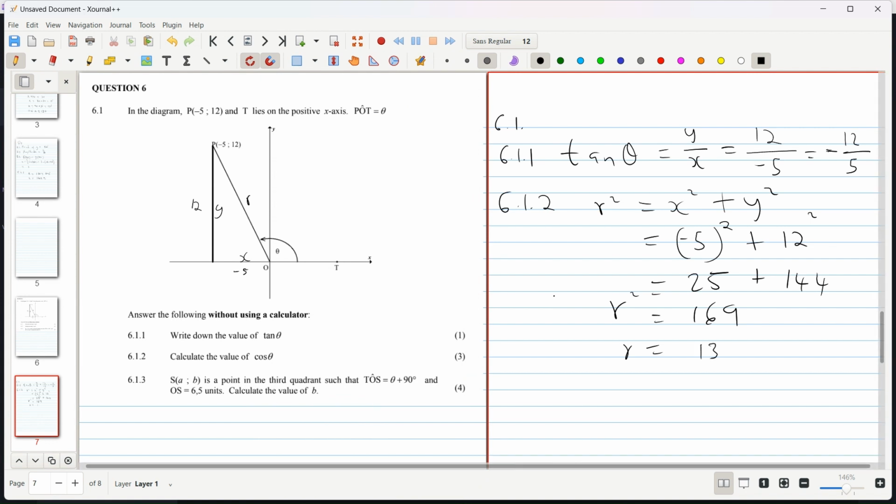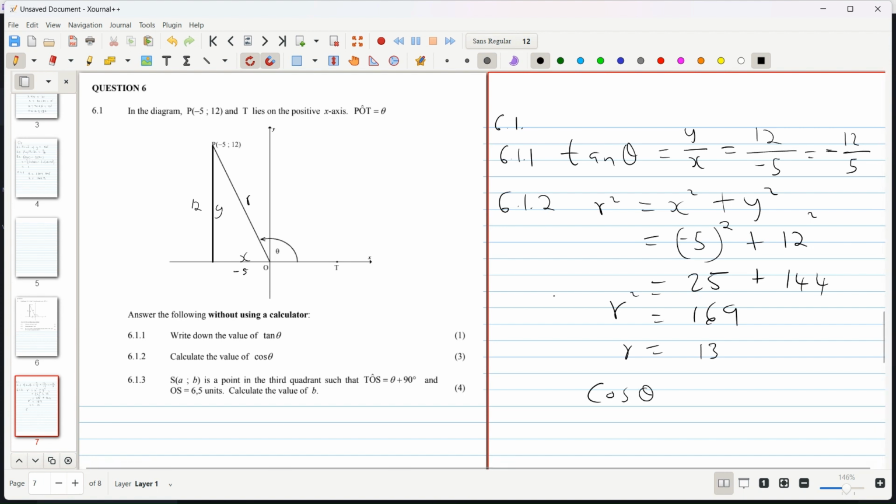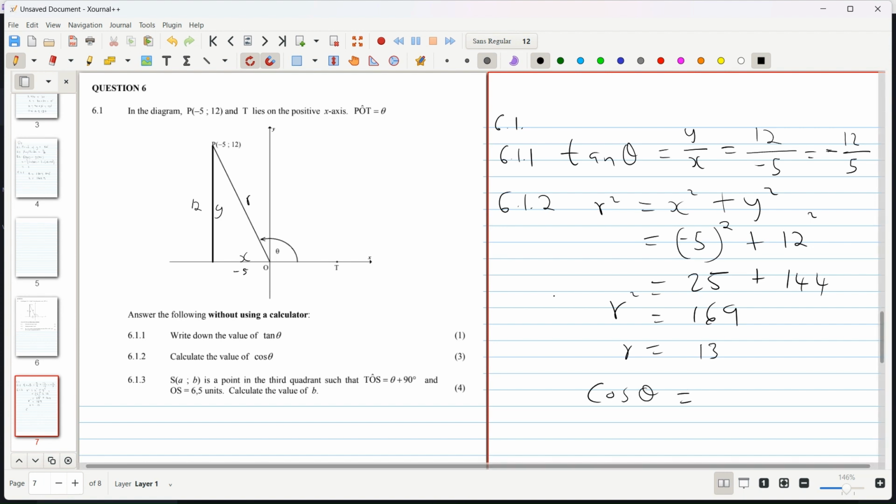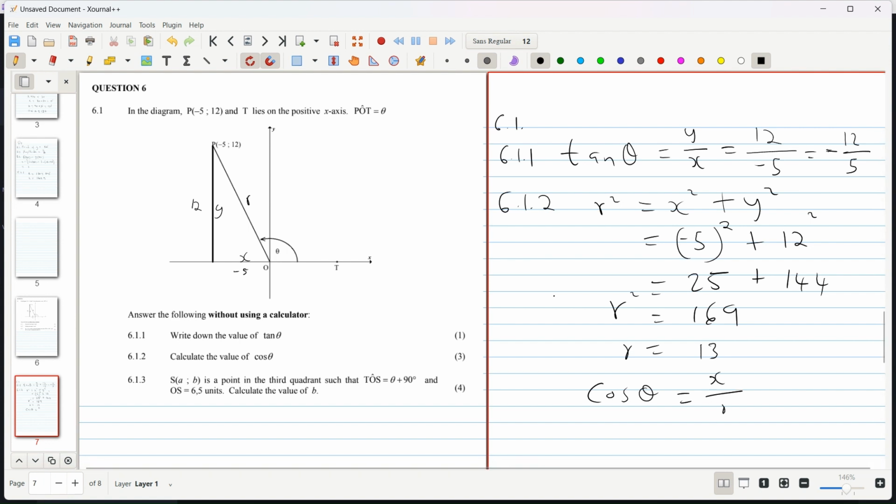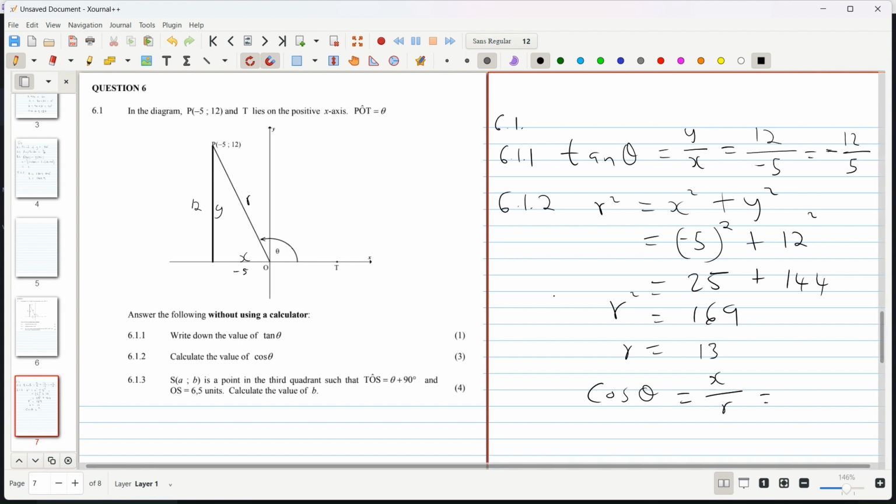Since now we know r, we can calculate our cos theta. Cos theta is the adjacent over the hypotenuse. Our adjacent is negative 5, so it will be negative 5 divided by our hypotenuse, which is 13.